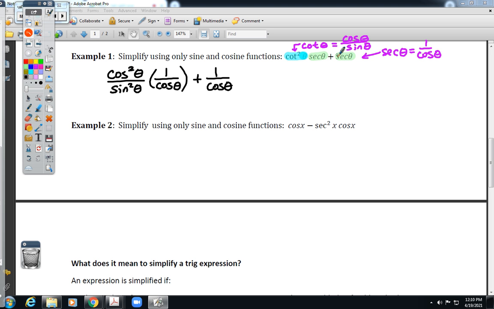Does anybody see anything that can cancel? Okay, this cosine would cancel in here and cancel out the squared, leaving us with just cosine over sine squared. See it? So that gives us cosine over sine squared plus 1 over cosine.